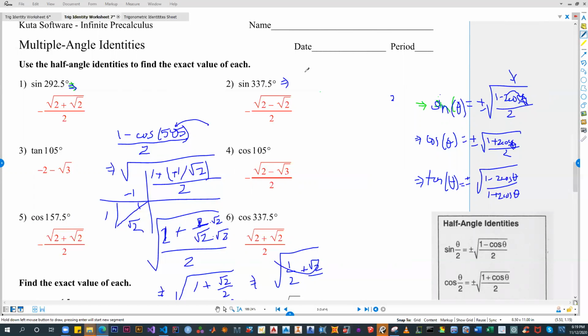So it's the square root of 1 minus cosine of 337.5 times 2 divided by 2.